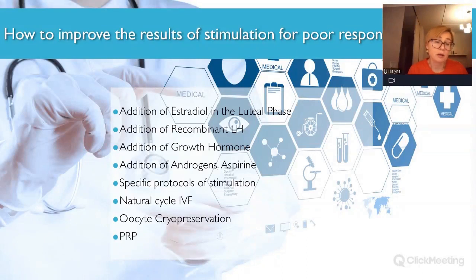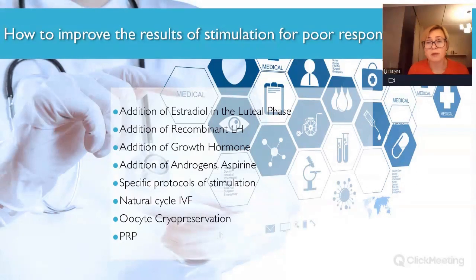Also, natural cycle IVF may be very helpful, especially when we have only one follicle and no need to stimulate, only waiting until this follicle grows enough, and then triggering and taking the oocyte.